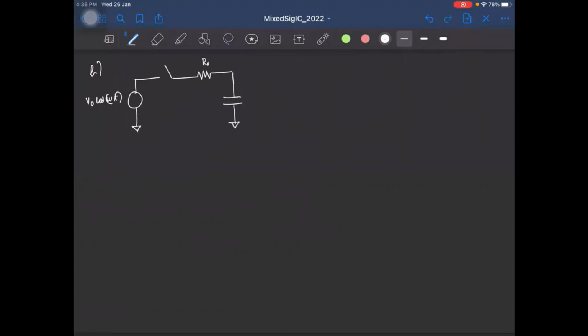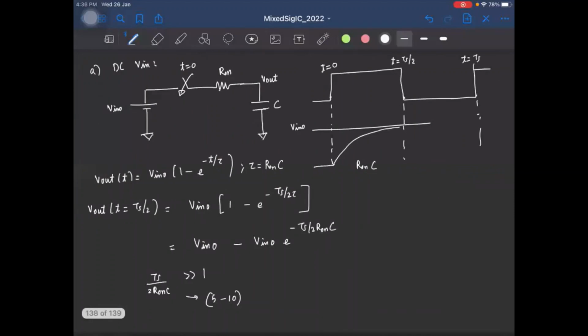Okay, so this is R on and this is C. Let's assume that the switch is closed at t equal to 0, and that the capacitor is initially discharged. Okay, so that was the assumption that was made here also, right? So we assume that the capacitor initially had 0 charge.